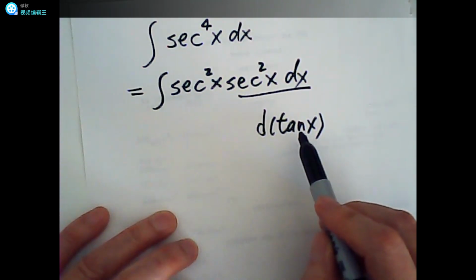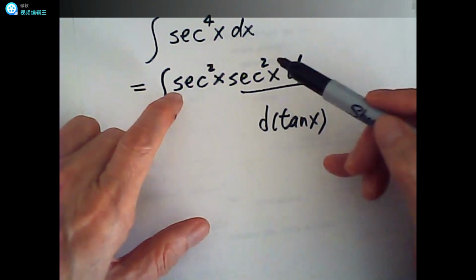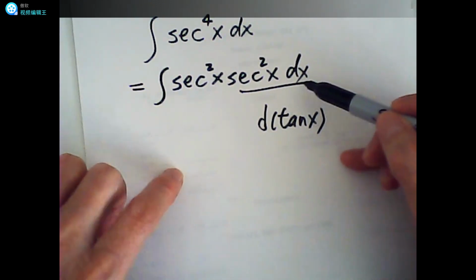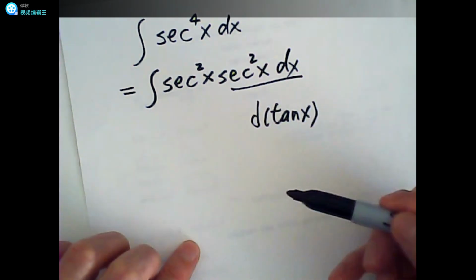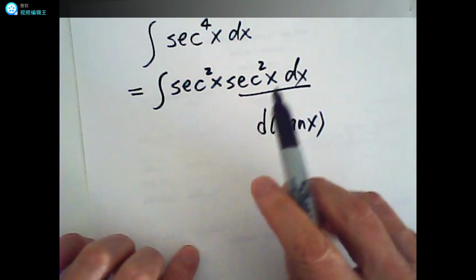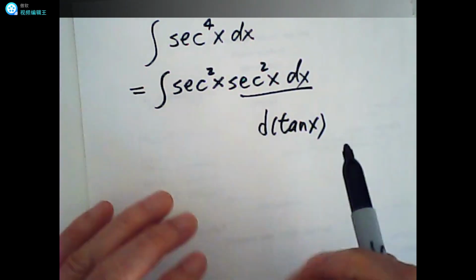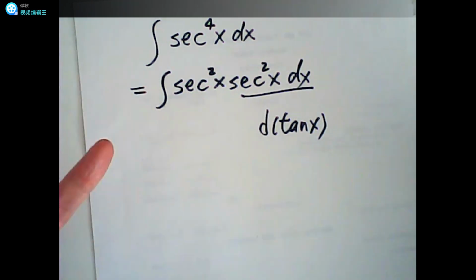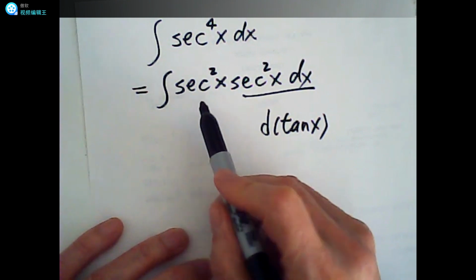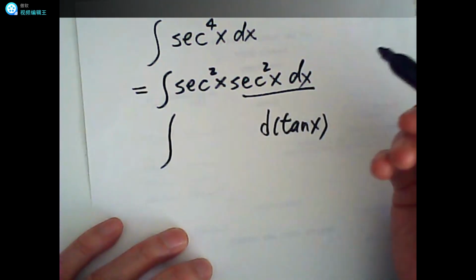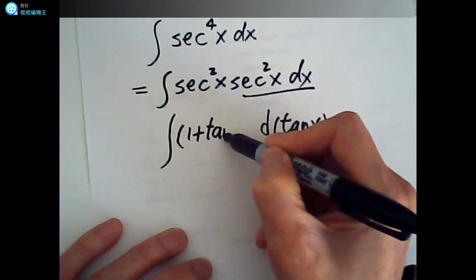So I try to make this integration with respect to x into integration with respect to tangent x. That means everything before it, if I can change it to tangent x, I win. Change this one to tangent x, which is possible. This is equal to 1 plus tangent square, right?